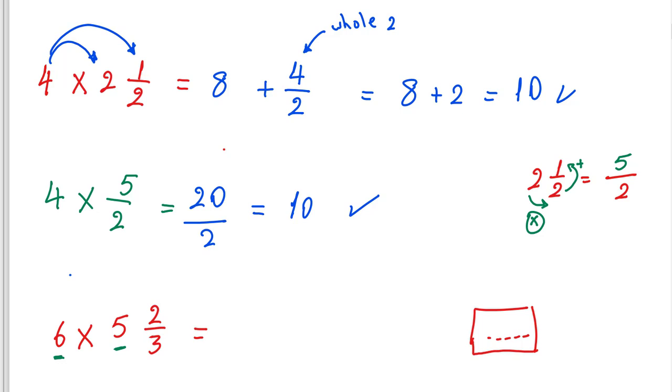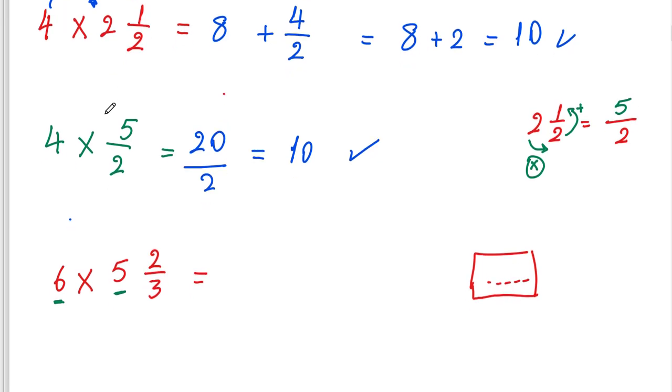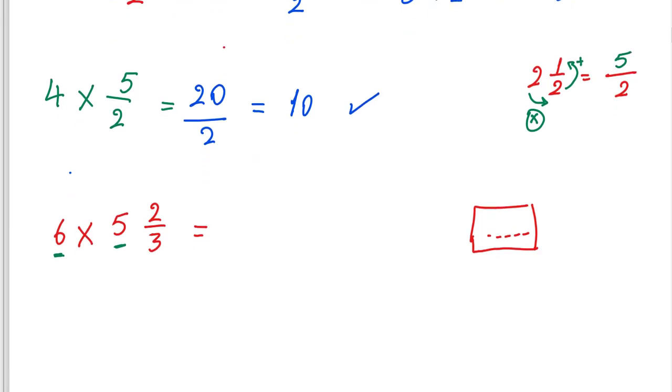Okay, Ali, what is your answer? My answer is 34. 34. Okay, thank you, Ali. So, my heroes, let's see how to do this. Of course, 6 times 5 equals 30, as Ahmed said. And 6 times 2/3 equals 12/3.